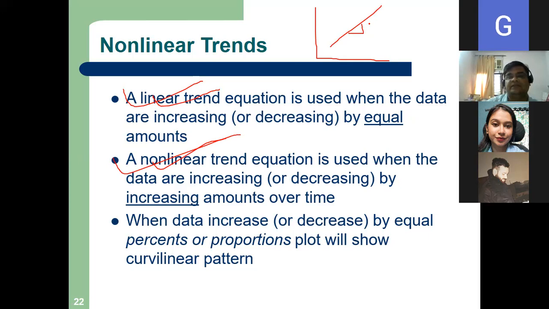I'm not going into the mathematics, but del y by del x is the rate of change of y with respect to x, which is constant in a straight line. If I calculate the slope anywhere on it, it will be the same.